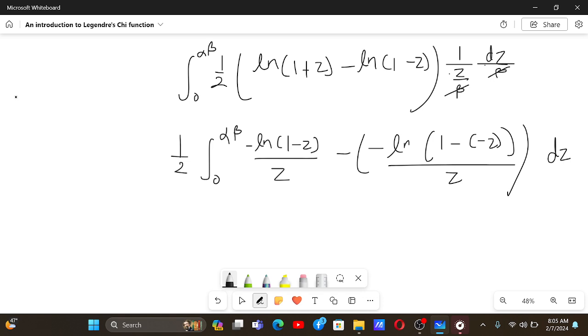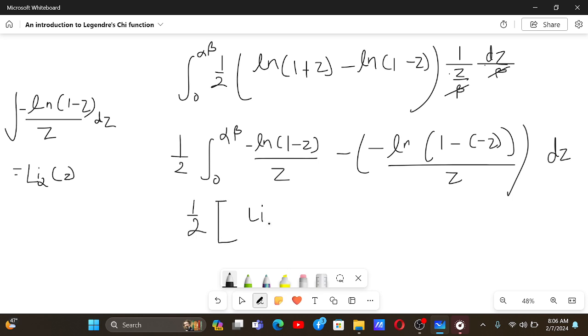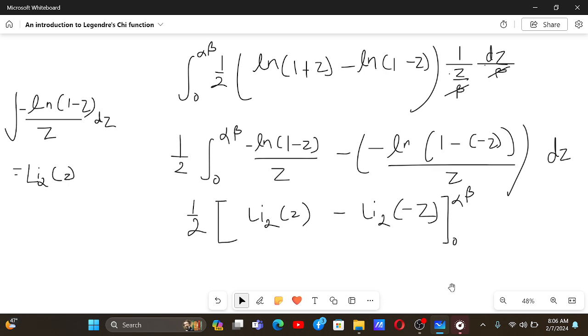Basically the indefinite integral of minus ln of 1 minus z by z dz equals li2 of z; the derivation is over here. So the indefinite integral is li2 of z minus li2 of minus z, from 0 to alpha beta.